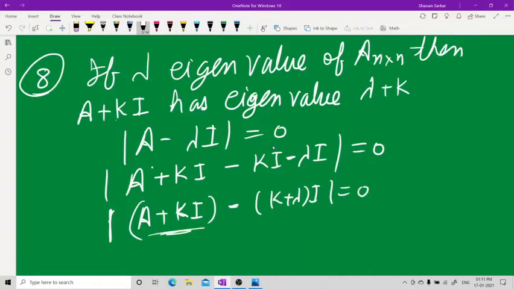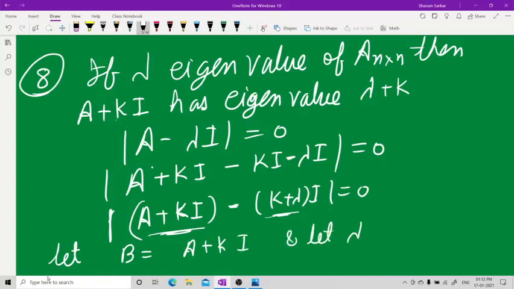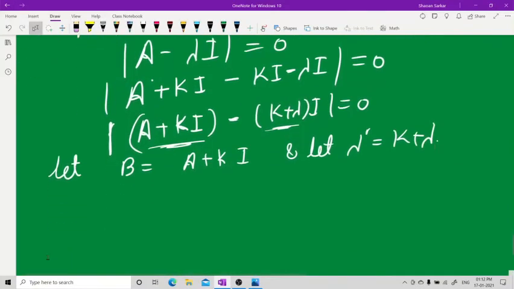This behaves like B, and let us say this behaves like some lambda dash. Let B be equal to A plus Ki, and let lambda dash be equal to K plus lambda. So now it will look like B minus lambda dash I equal to 0.